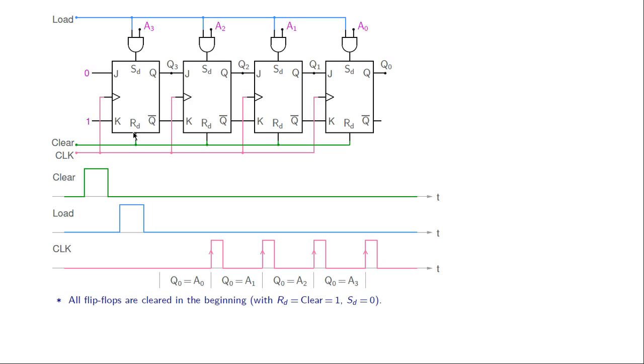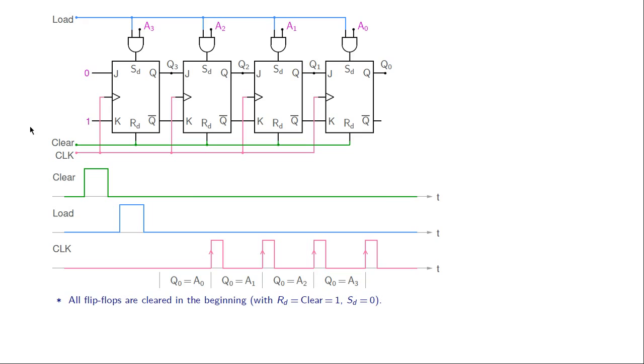And what we notice is that although we are using JK flip-flops here, we are really using them as D flip-flops, because you see that J and K are inverse of each other in each of these cases. We have 0 here, 1 here, we have Q3 here, Q3 bar here, Q2 here, Q2 bar here, Q1 here, and Q1 bar here. So although these flip-flops are JK flip-flops, the functionality is like that of a D flip-flop. So essentially it's a shift register that we are talking about.